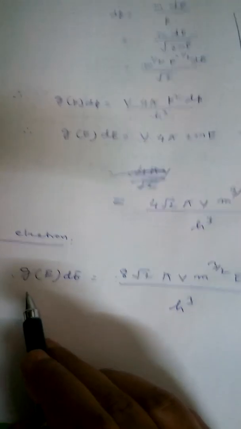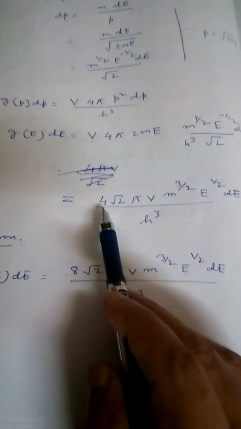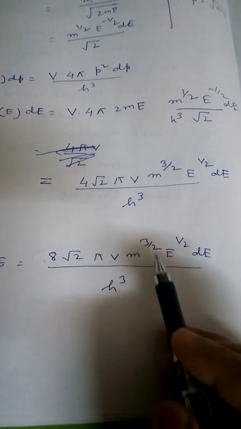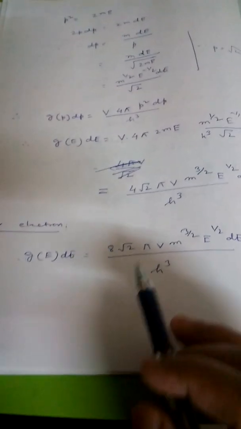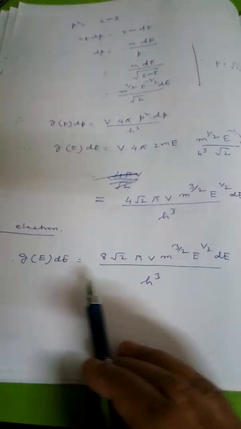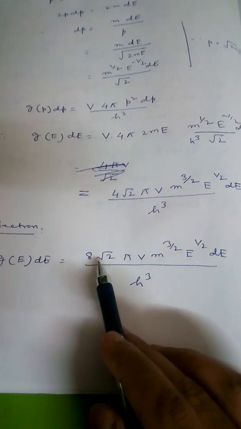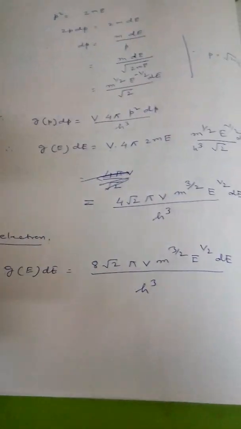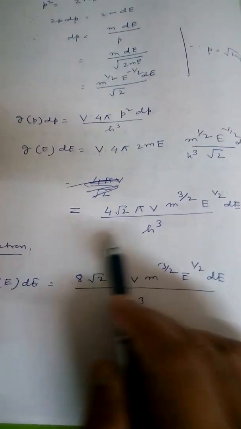So in case of electron, g(E)dE should be twice of this. This means 8 root 2 pi V m to the power 3 by 2 E to the power half dE by h cube. So whenever we consider various calculations regarding electron, we should consider the expression of the density of state function as 8 root 2 pi V E to the power half m to the power 3 by 2 by h cube. And for other fermions, we may consider the general expression.